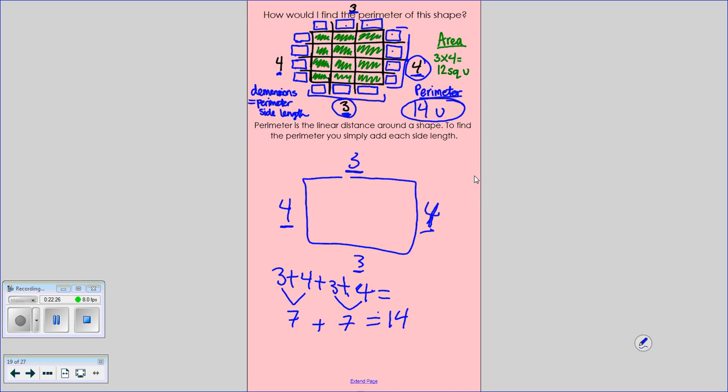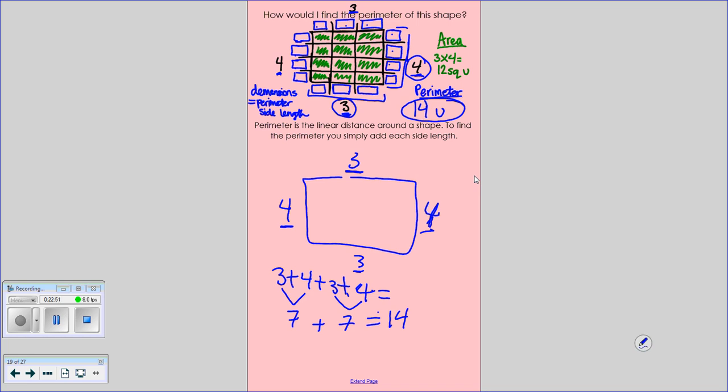For perimeter, the word tells you what it's measuring. It's measuring the rim. Perimeter goes along the outside. Area is the spaces on the inside. So we did the boxes on the outside, which is exactly what it looks like if you wanted to draw it out. Do you have to draw all the boxes on the outside?